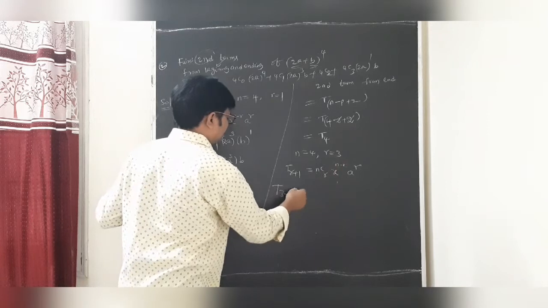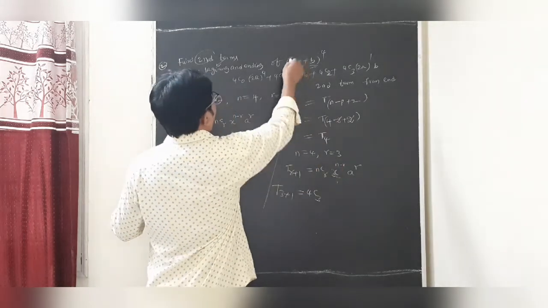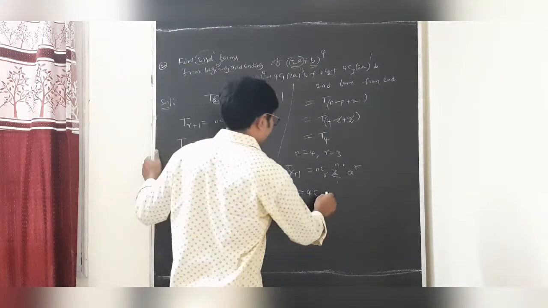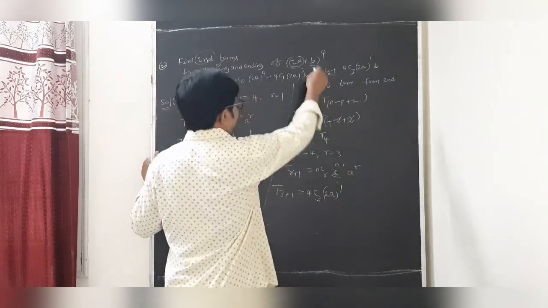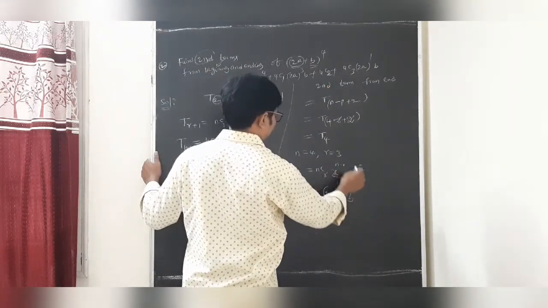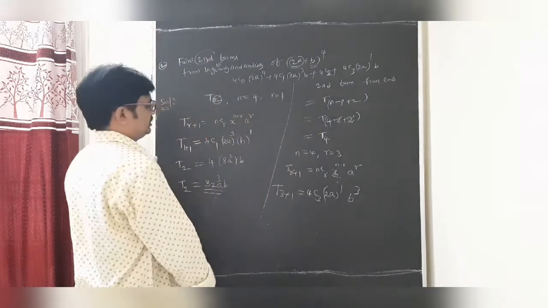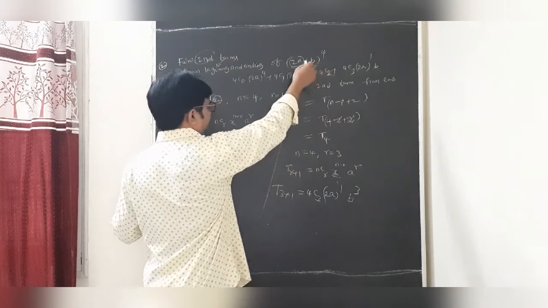r is 3 plus 1, 4C3. What is x? x is 2a, (2a) whole power 1. What is a? It is b, power r, which is 3. Is it clear? Instead of x there is 2a, instead of a there is b.